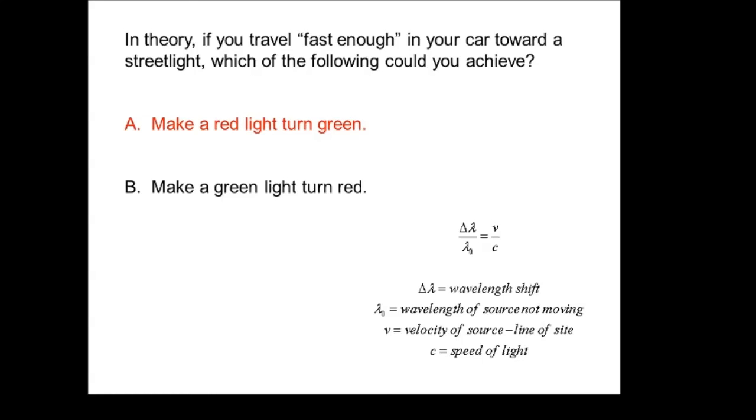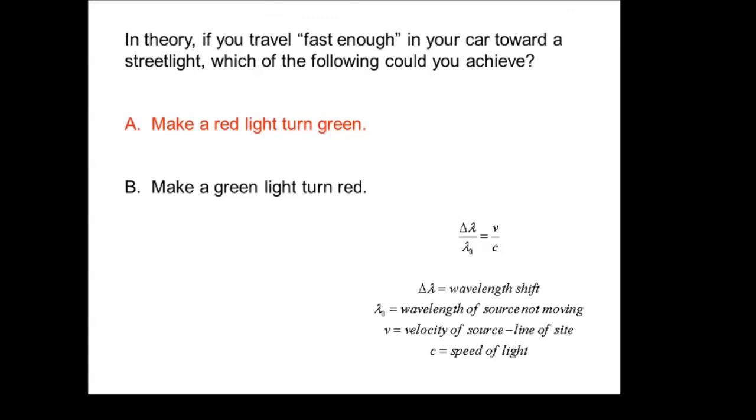Let me say a couple things about that, though. You are moving toward the light, right? So you expect a blue shift. That means whatever the wavelength is to begin with, you should expect it at a shorter wavelength. So it was red to begin with, and a shorter wavelength would be green. So A is good. B is not so good, because B would be a red shift.